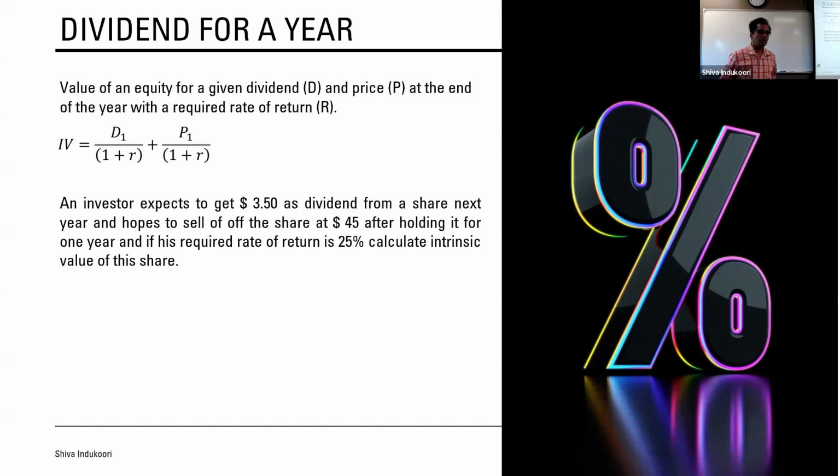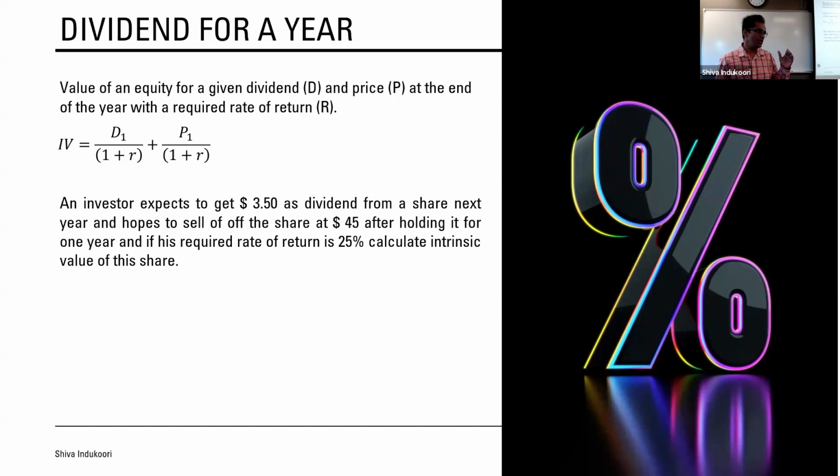So how do you do that? Next year's dividend can be expected based on the current year dividend and historic dividend paying years. Okay, that's easy. But how do you arrive at price after 1 year? All the analysts, advisors, all the investment advisors give price forecasting.